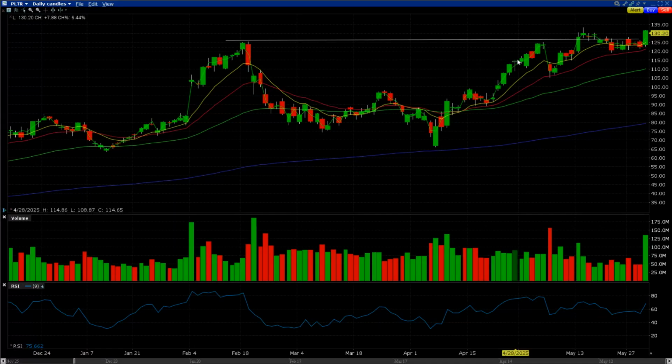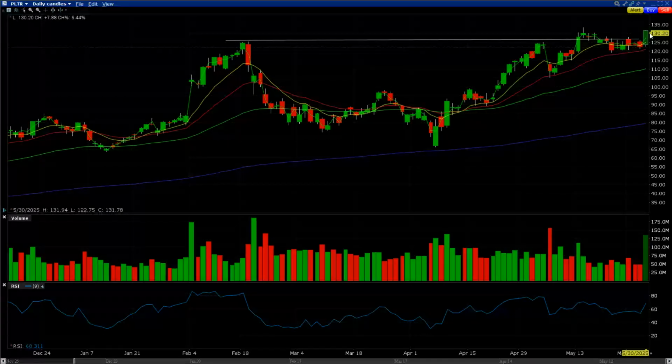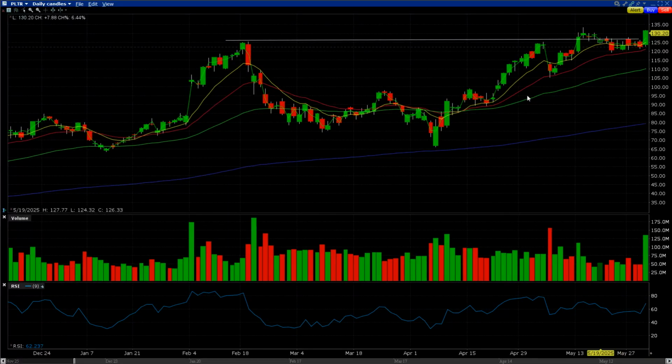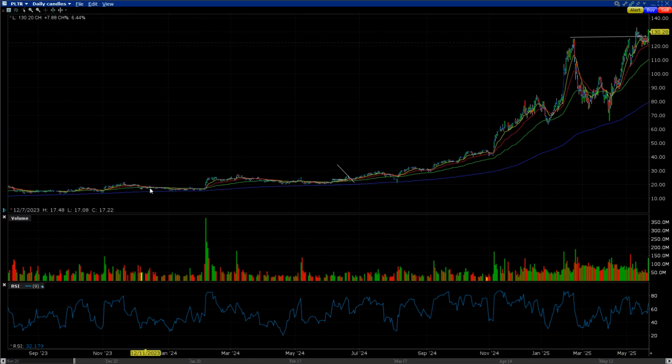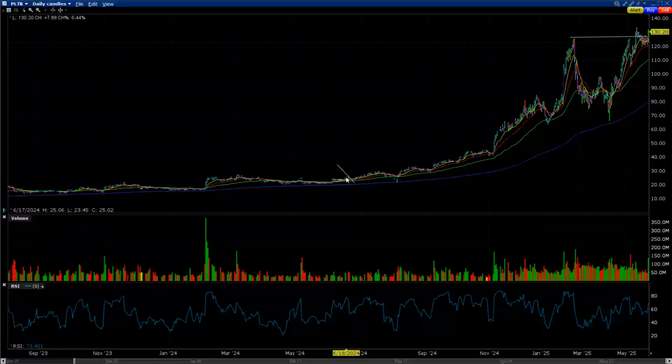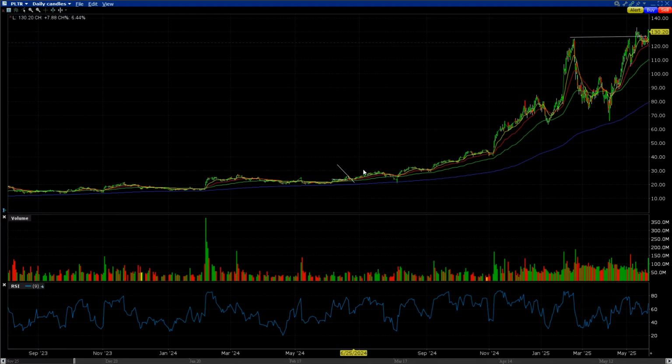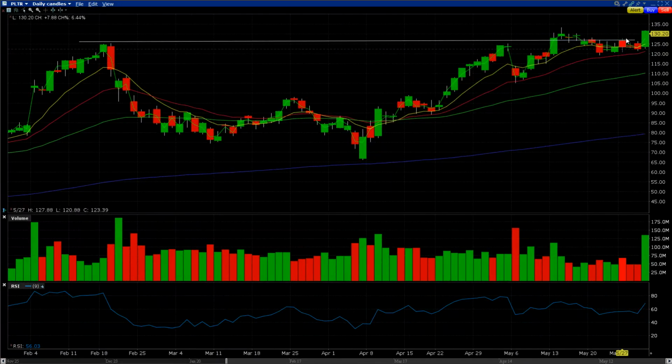Okay. What would I do if I get a third outside bar on the macro market? Well, then depending on where the price is on PLTR, I'm probably going to say, look, I bought the thing at 13. I got my money back at 26. I've got over $100 per share profit in this thing.